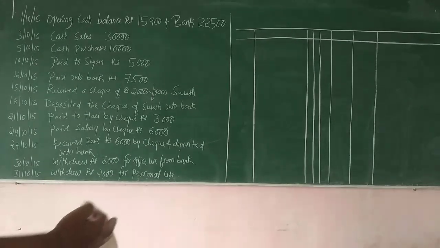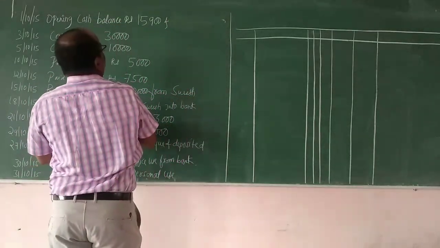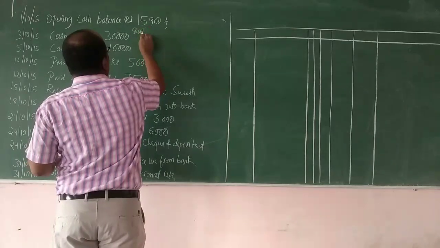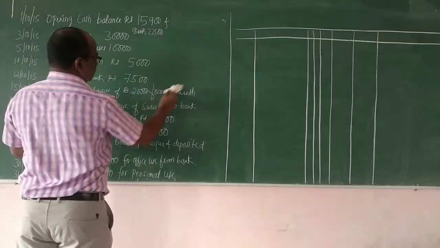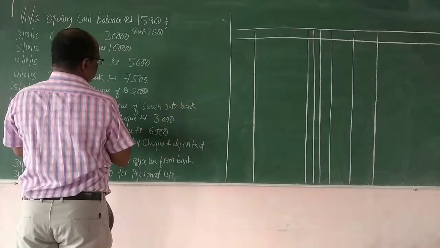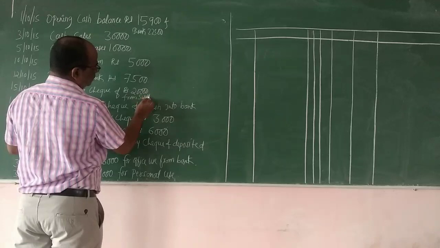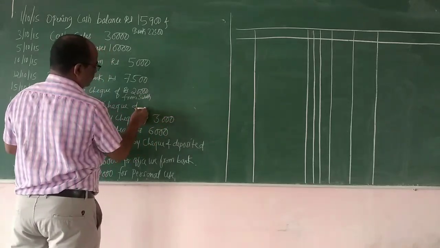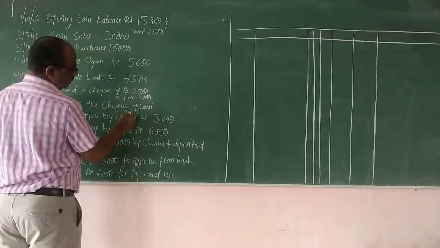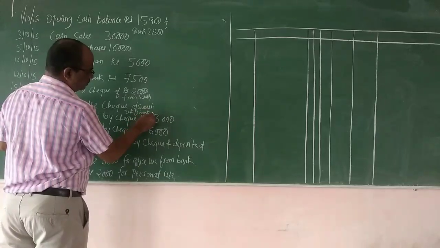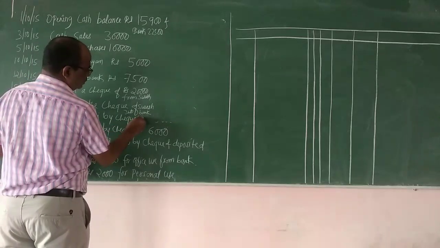Space is not sufficient here. Then 22,500. From Suresh, I will do here. Suresh into bank. Rupees 3,000.